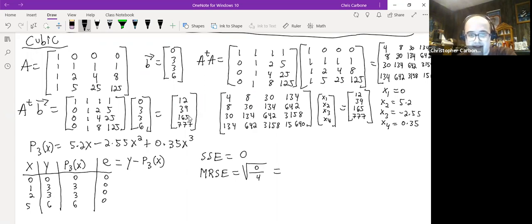Since there's a 0 in there, this is just automatically 0, which means we can see from the calculation that this cubic polynomial is indeed the best fit because we get the exact values of the points from our equation.